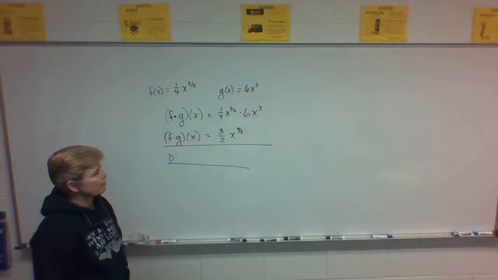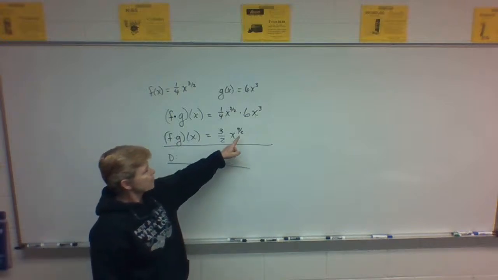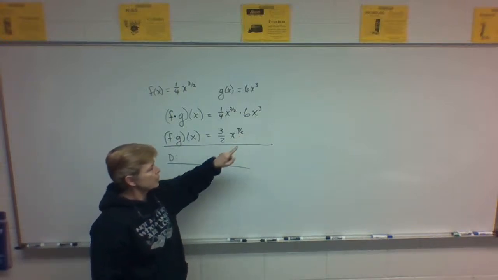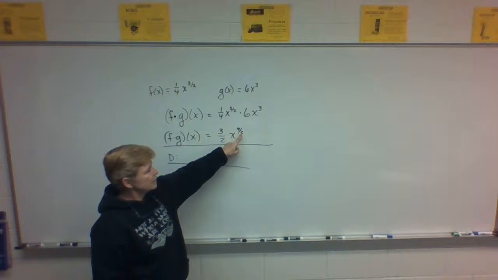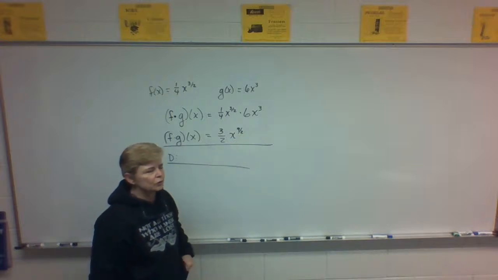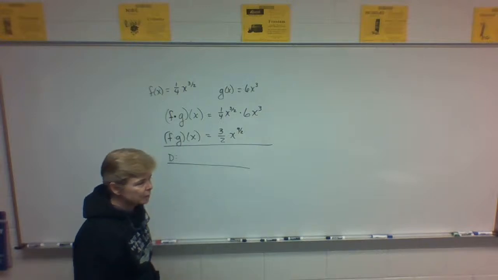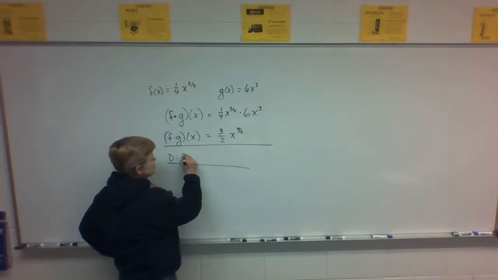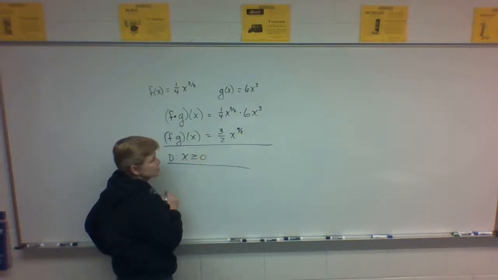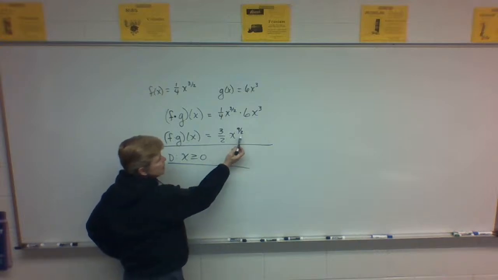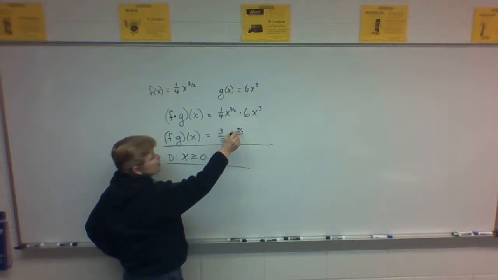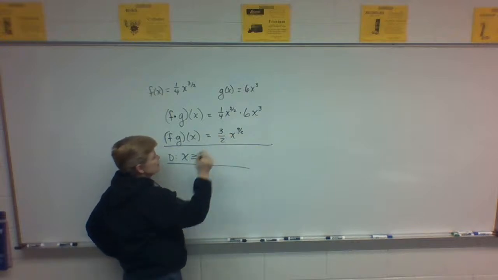Because the x is raised to 9/2, and 2 is a positive. It's an even. An even. This means to square root something, and you can only square root positives, right? Which means x raised to something had better be a positive number. So x is greater than or equal to 0. Has to be. If this were a 3 down here, well, then that wouldn't be a 9. It would have reduced to 3. But if I had 11/3 for some crazy reason, then it would be all real numbers.